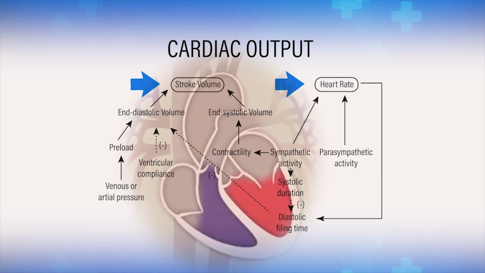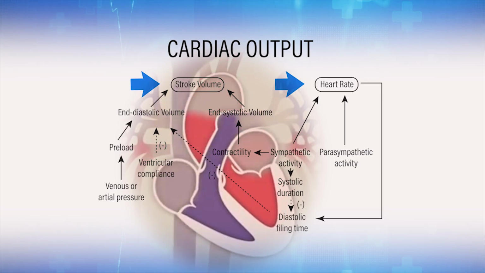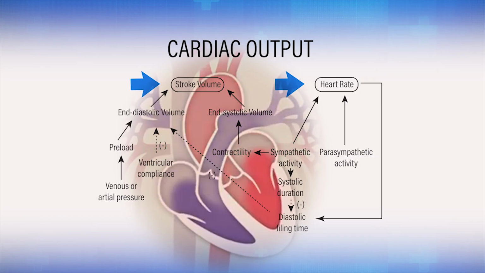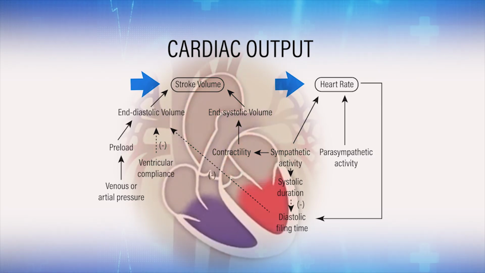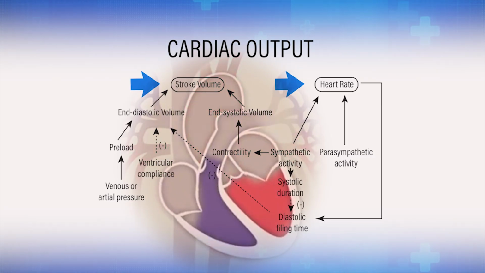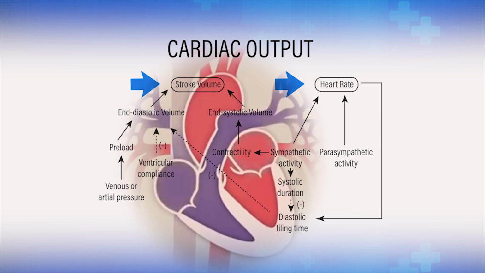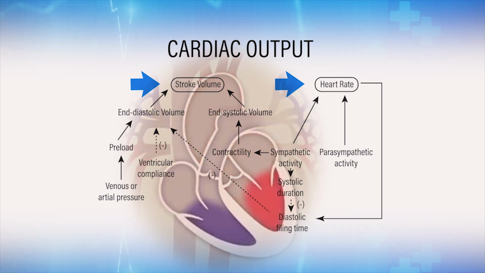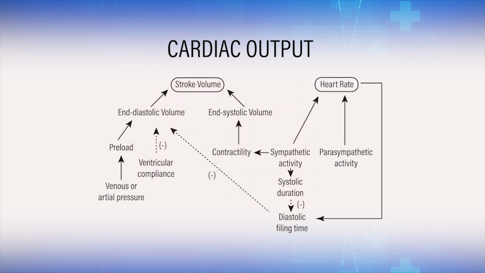So for us to understand training and the implications of what it's doing, we need to understand all the factors that affect stroke volume, and the factors that affect heart rate. If you follow that flow chart, stroke volume is affected dramatically by, right at the bottom, increased venous or arterial pressure.